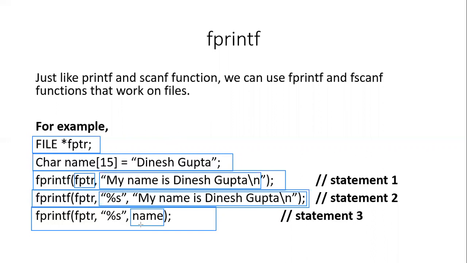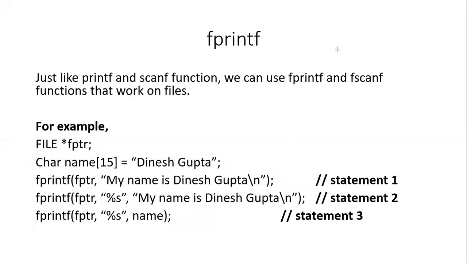Now, what is the value of the character array name? The value of the character array is Dinesh Gupta. And what is the type of Dinesh Gupta? The type of Dinesh Gupta is percentage s, which is string. So this is how I can use the fprintf function to write the string literals and strings to a file.